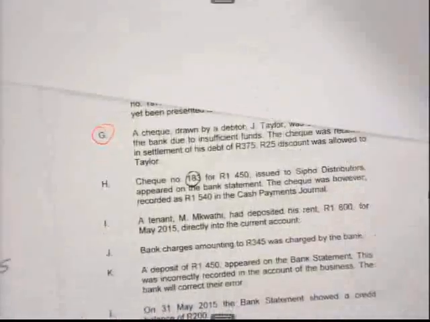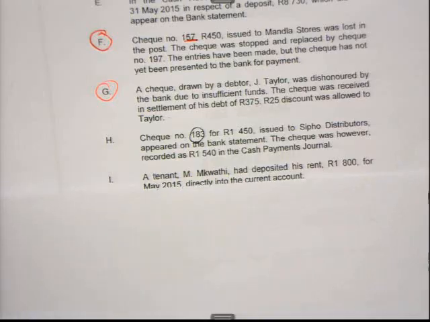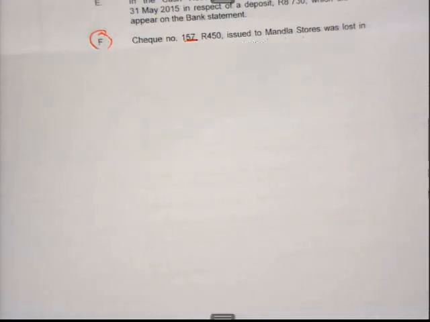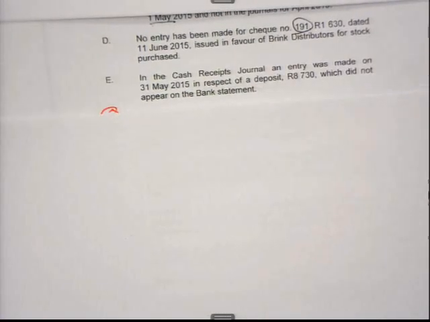Then the next question, or the next information is based on E. E says, in the cash receipts journal, an entry was made on the 31st of May 2015 in respect of a deposit 8,730, which did not appear on the bank statement. Right? I'm repeating that quickly for you again. What entry will we make?